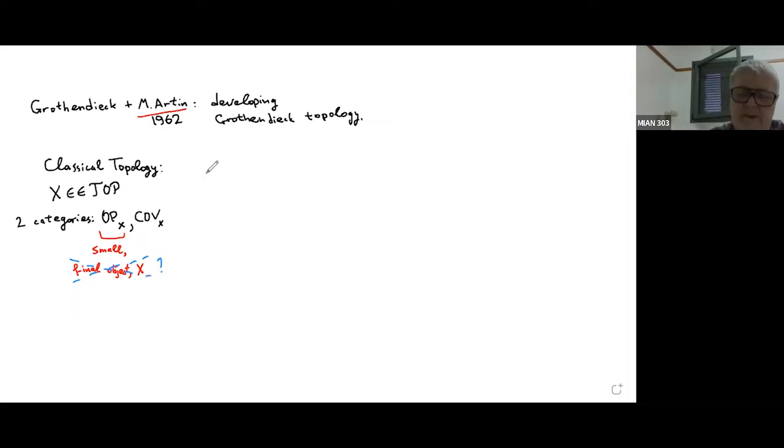And there was another issue about sets and categories.